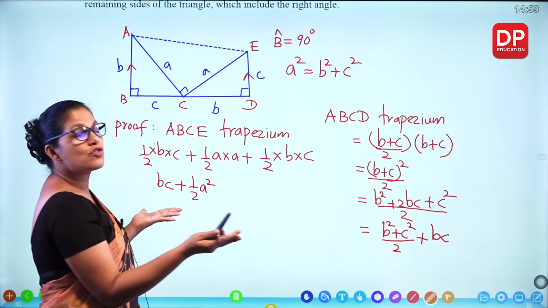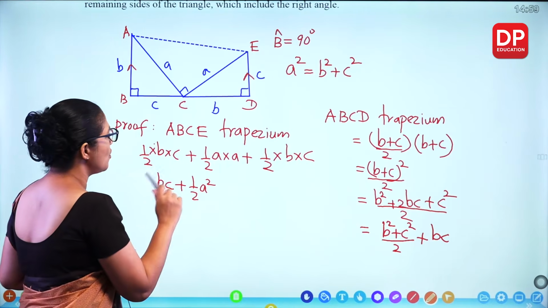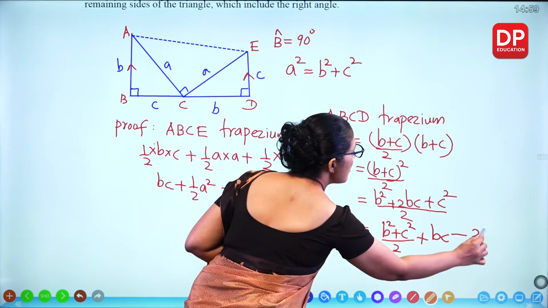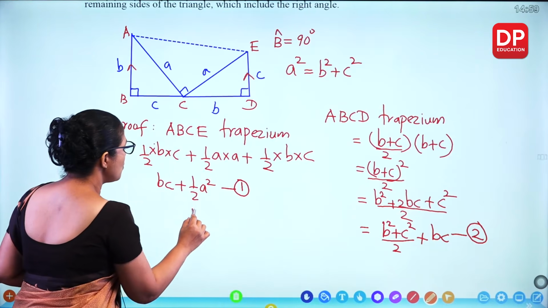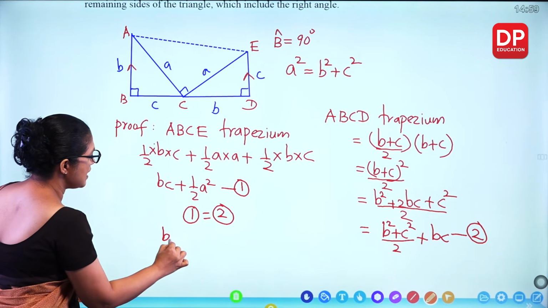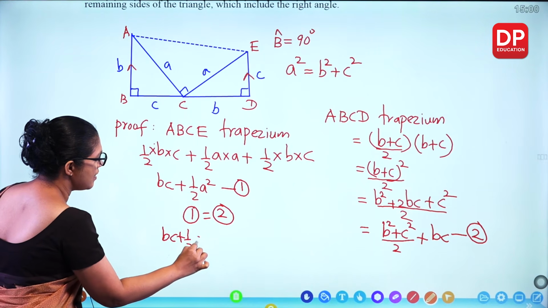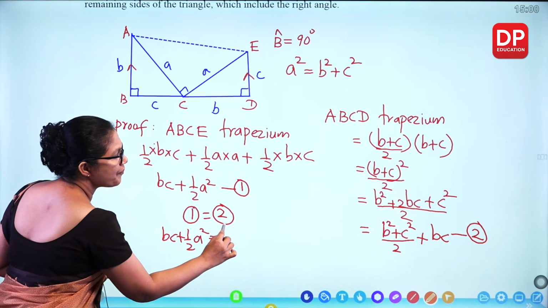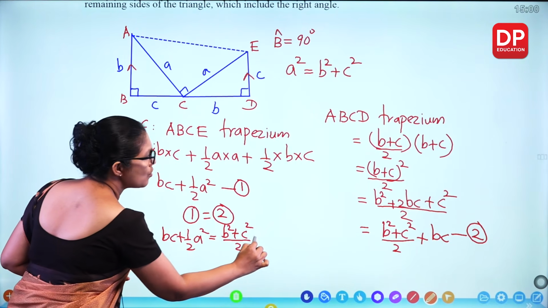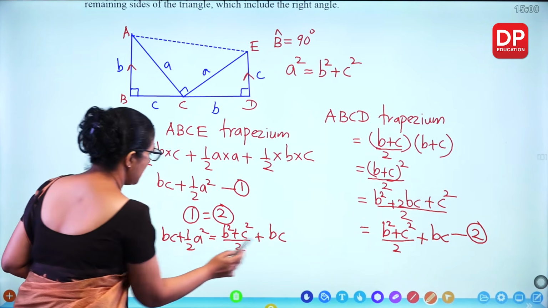Now we know these two are equal. This is the first one, this is the second one. 1 and 2 are equal. So I can write BC plus half A squared is equal to B squared plus C squared over 2 plus BC.